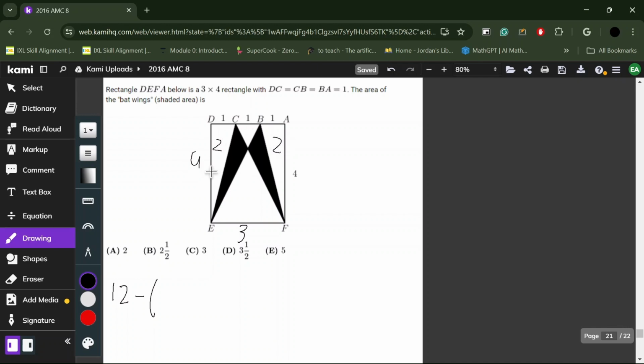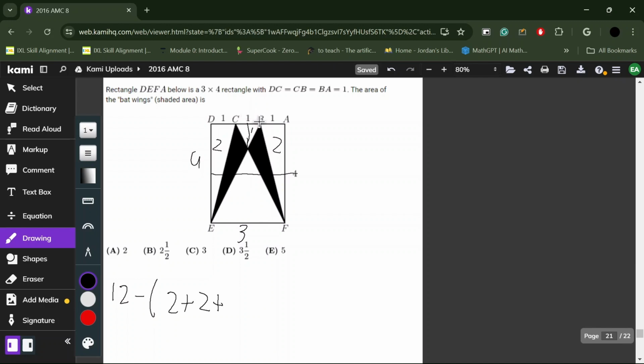So what we do know, we can split this in half. It's helpful. So we can do 2 plus 2 plus. And to find the area of this, it's an equilateral triangle, right? Since this is an equilateral triangle, 1, 1, 1, they're all equal. So that means that the height is also equal to 1.